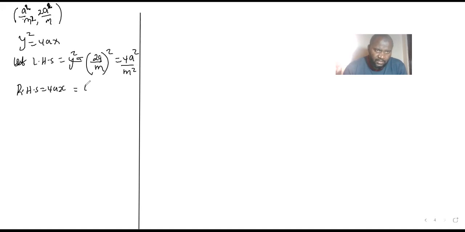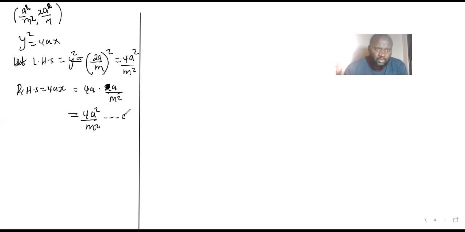Then the right-hand side, which is 4ax. Substitute the value of x. You'll have 4a times a out of m squared. You realize that this gives you 4a squared over m squared.